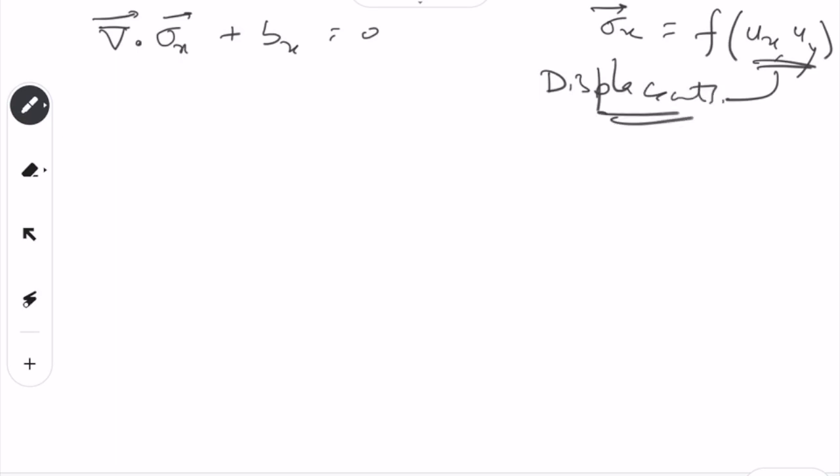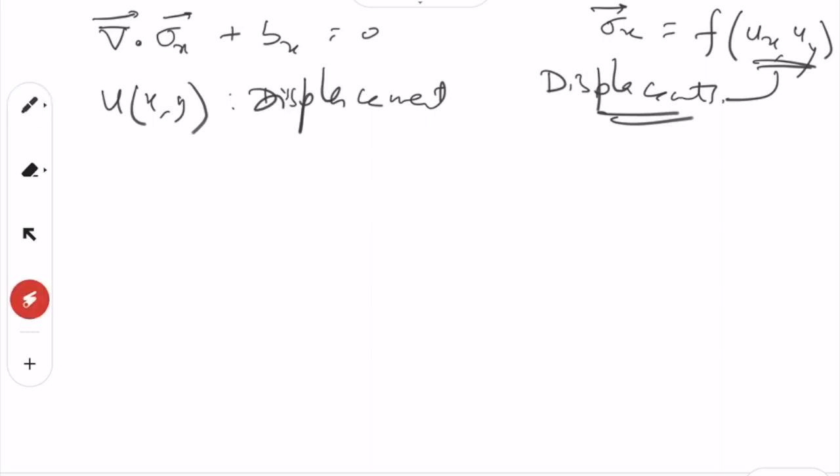In this case u xy is the displacement that we need to find out, because sigma x is a function of ux and uy, and this is what we are going to put some test function. We will assume it to be a polynomial, as we have done earlier.